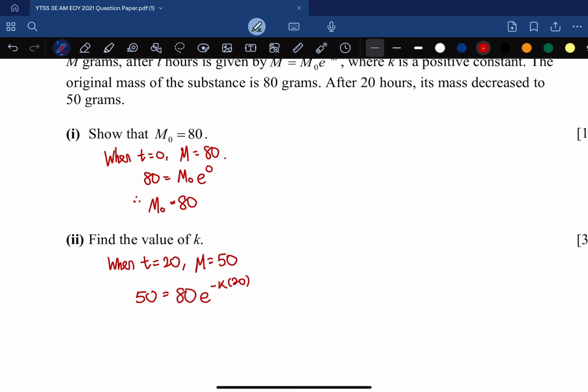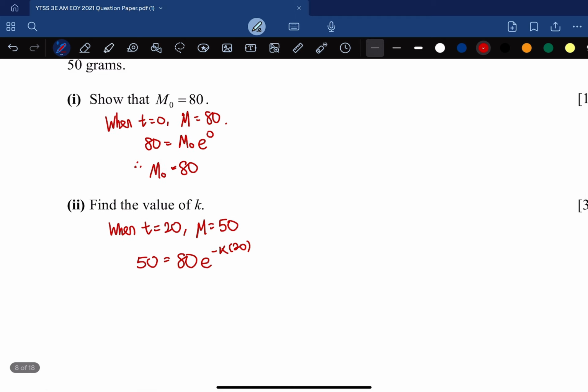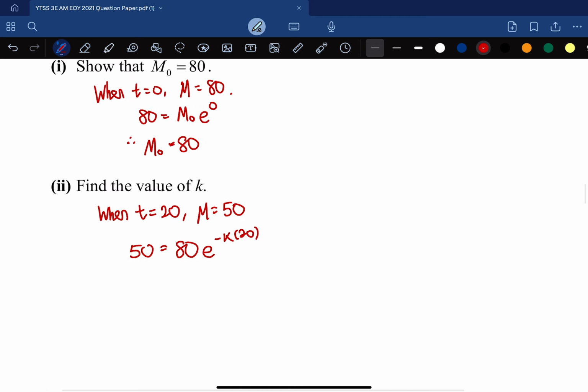Then from there, simply solving an exponential equation, e power negative 20k is equal to 50 over 80.